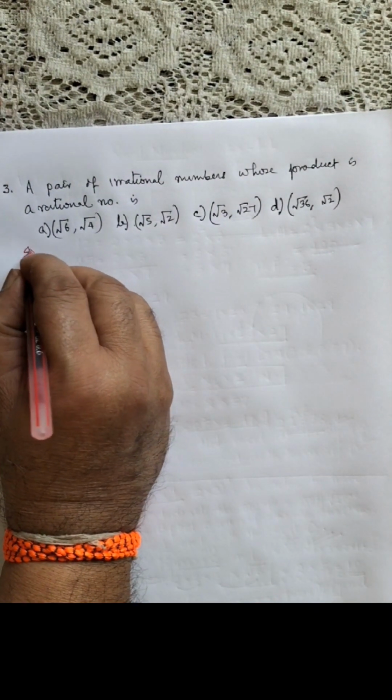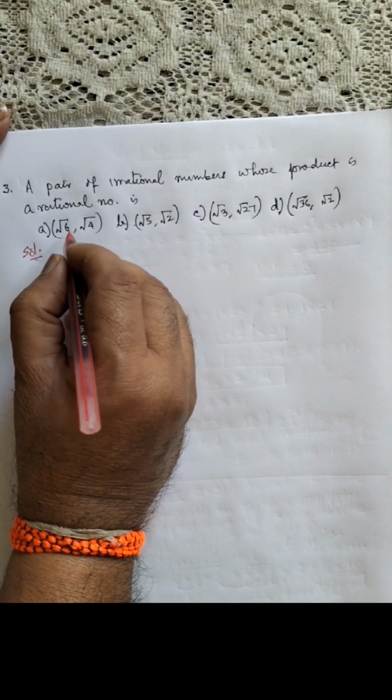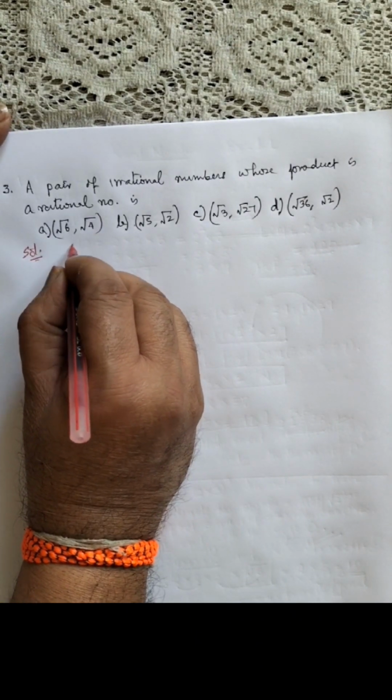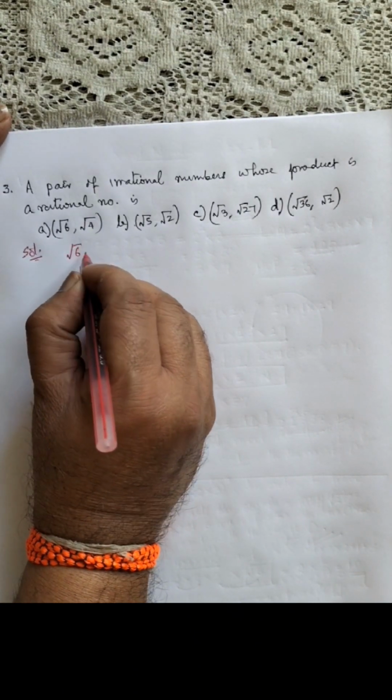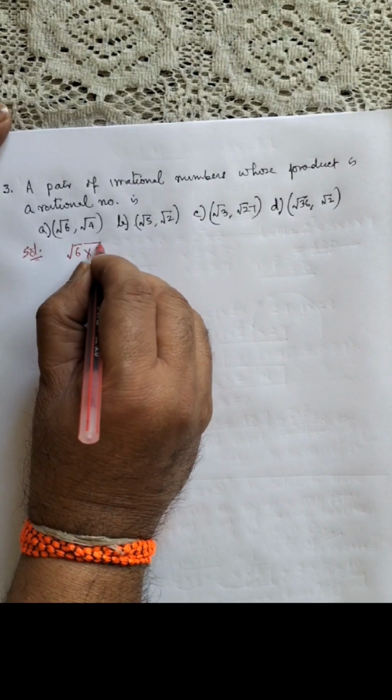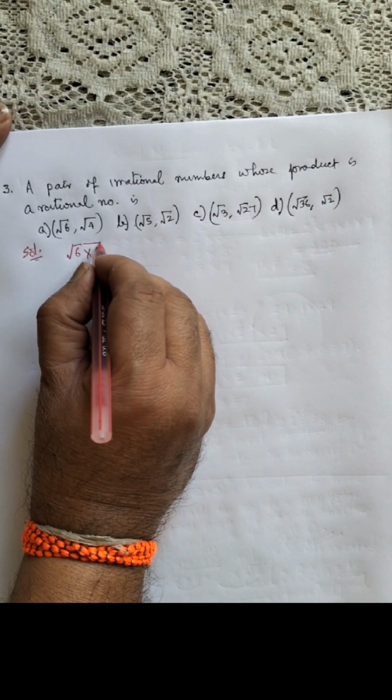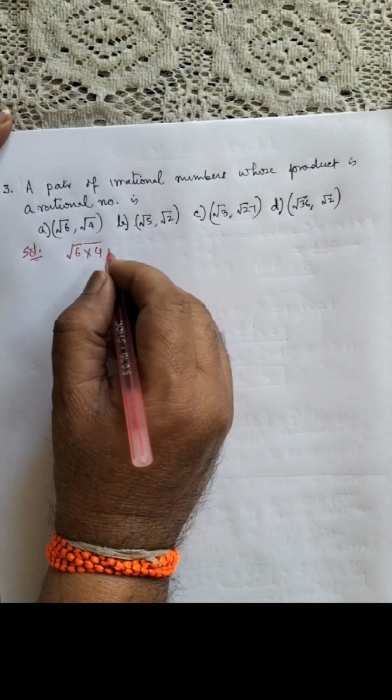Very clearly we can see the solution. If I multiply 16 and 4, we get root 64, which is 8.